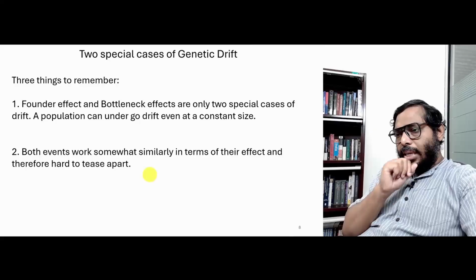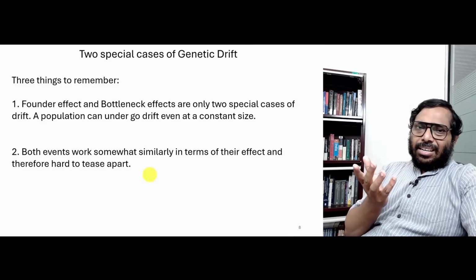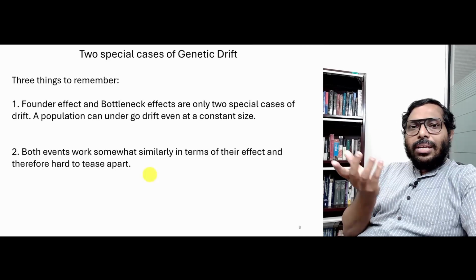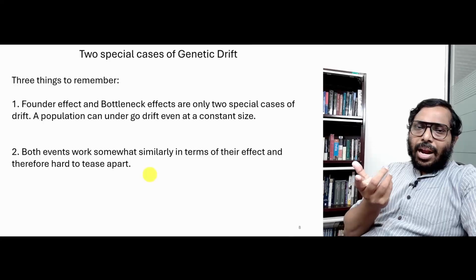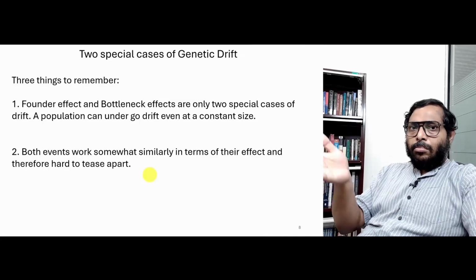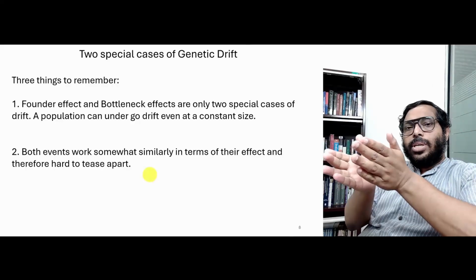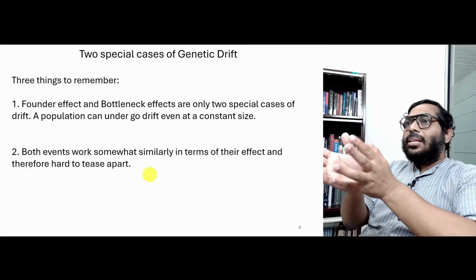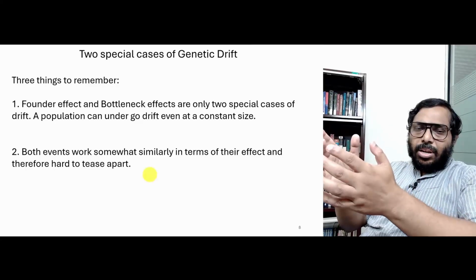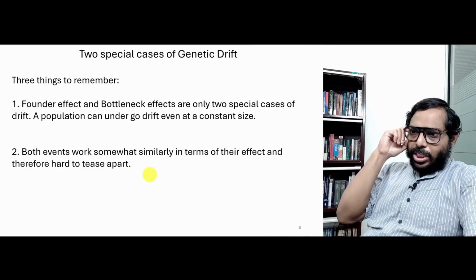The second point is that, as I said, under the hood all that is happening is a sampling error, and the sampling error is happening in two cases because you have a large population. From that large population you suddenly have a very small subset, and that subset may not be representative in terms of its allele frequencies of the main population.